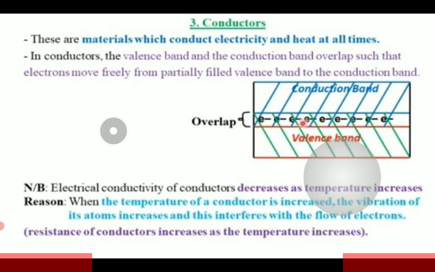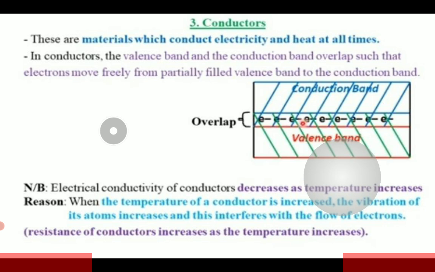Alright, on the other hand, we've looked at the semiconductors, and we said these are materials whose conductivity lies between that of conductors and insulators. So semiconductors are capable of allowing some of their electrons to move from valence band to conduction band through a smaller forbidden gap, because the forbidden gap between valence band and conduction band in semiconductors is very small.